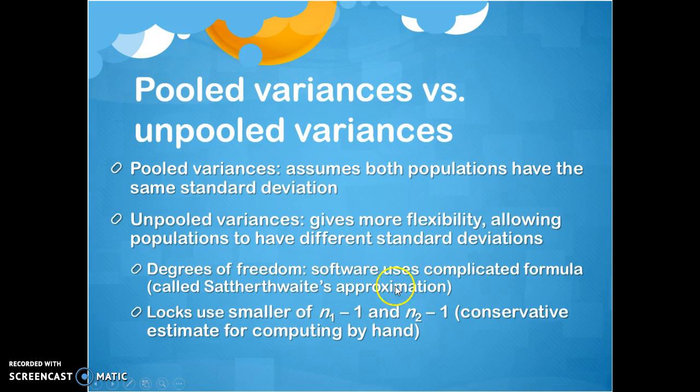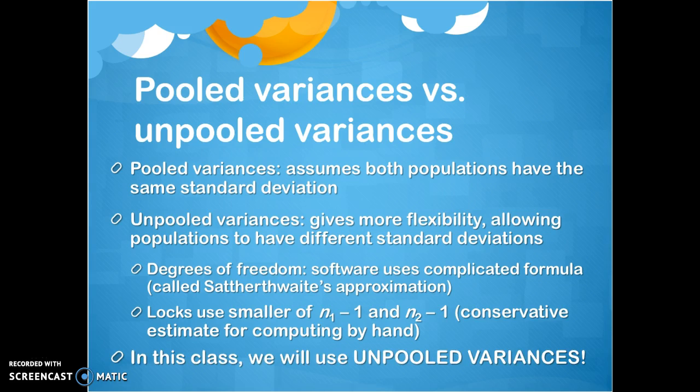So the really conservative thing to do is take the first sample size minus 1, the second sample size minus 1, and then pick the smaller of the two and use that as our degrees of freedom for picking the t distribution. That's a conservative way to do this, and it's perfectly fine and safe. And again, in this class, we're using unpooled variances. That's an option you'll check. It's a certain assumption, and it changes the math going on behind the scenes.